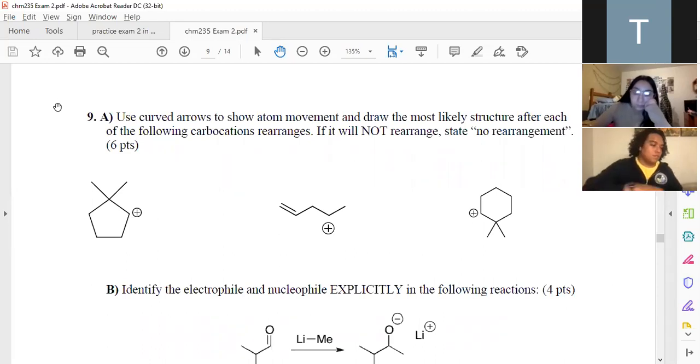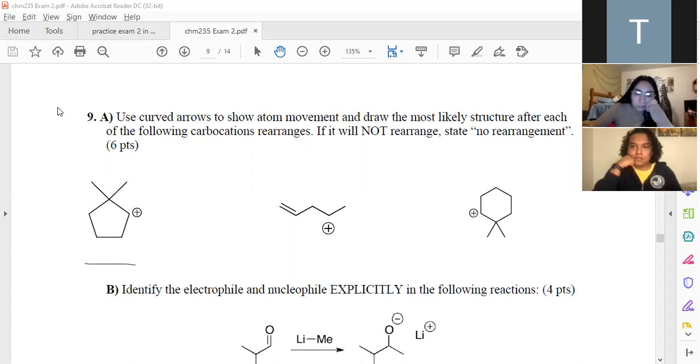But in our first one, what do you guys think is going to happen? Is it gonna be like the same thing as the other one? So what's going to happen here, and this is going to be very unique, is that in the course of this reaction, we want to see this type of shift, right?